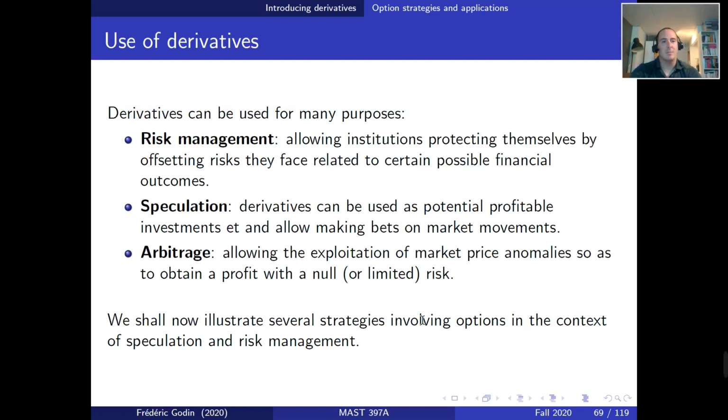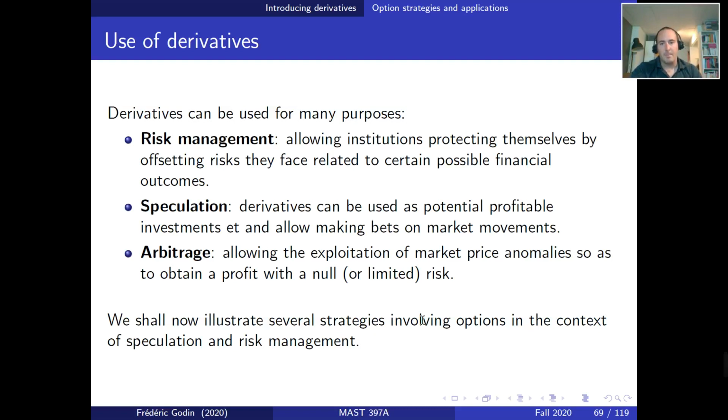In that case, sometimes there are trading strategies using options which can allow profiting from these pricing anomalies. So this is a third use of derivatives: sometimes profiting from these arbitrage opportunities or anomalies requires the use of some derivatives.